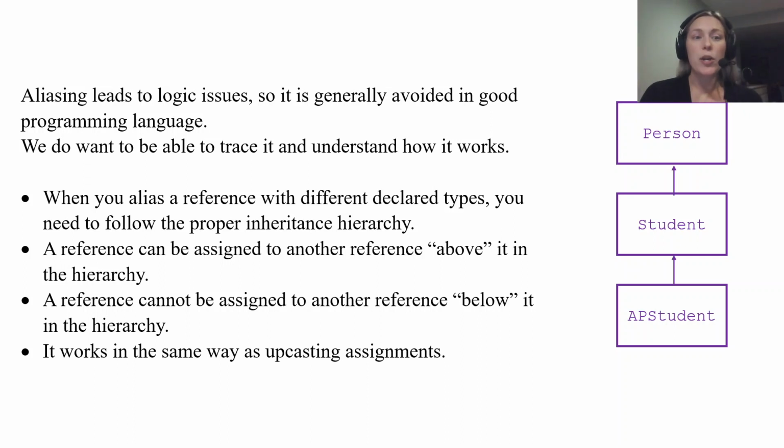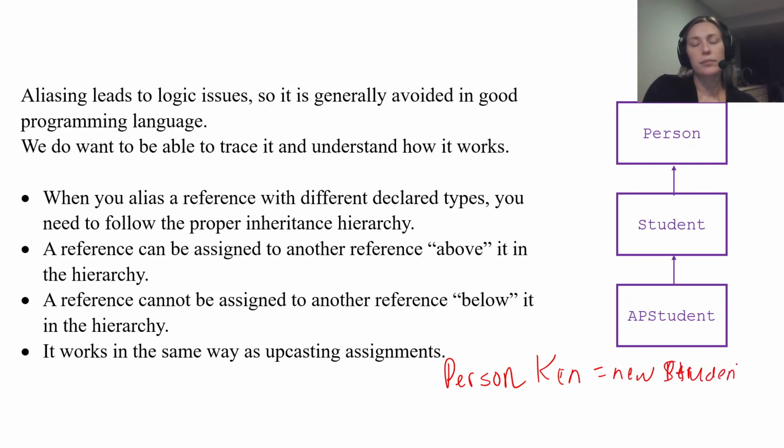When you want a reference to equal another reference, it has to be done so that the reference on the left is higher in the hierarchy than the reference on the right. Just like, and we'll see examples in a moment, if we had Person Ken equals new student, that's a correct upcasting.